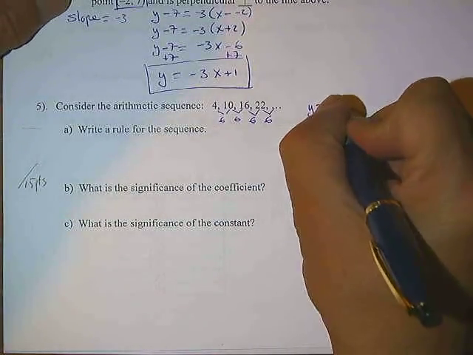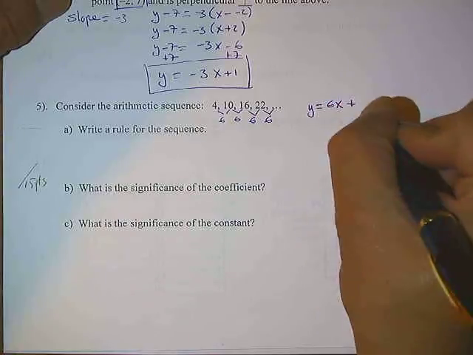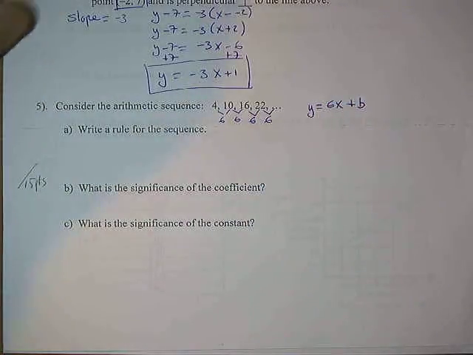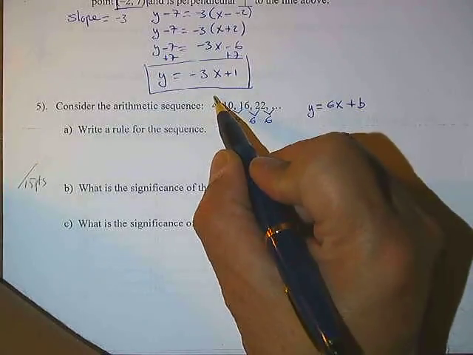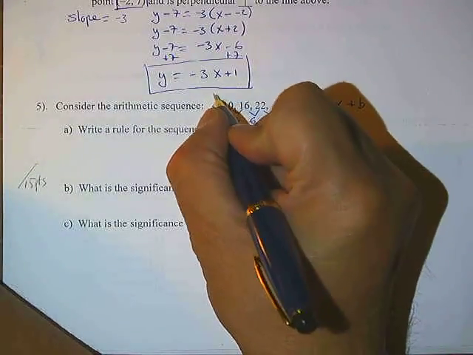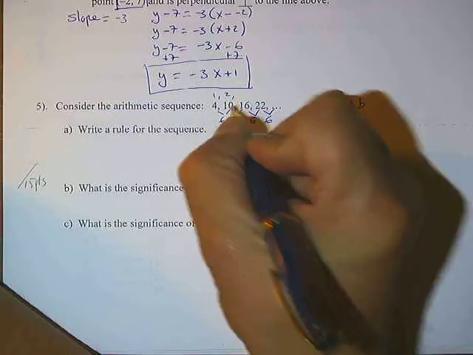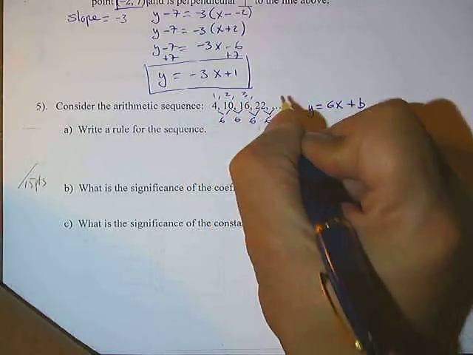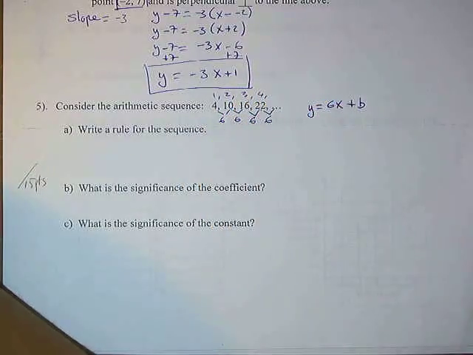Yes, it is. Increasing by 6. Okay. Then if it's increasing by 6, then I know that the slope is 6. So it's y is equal to 6x plus the y-intercept.